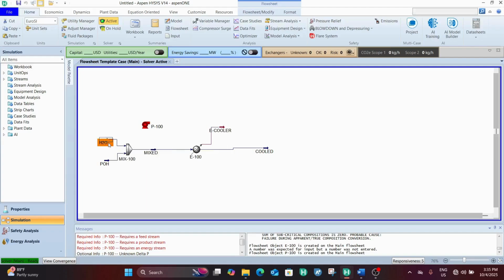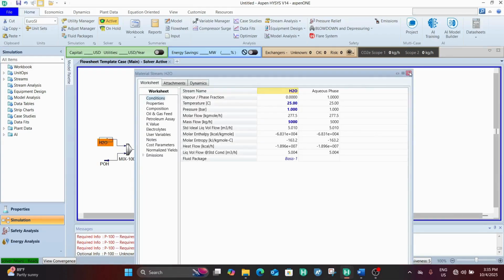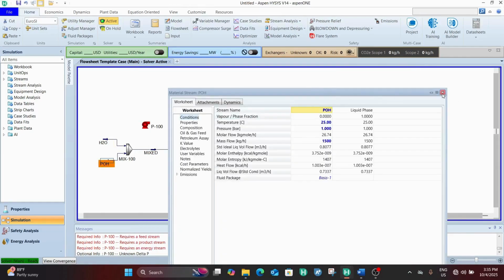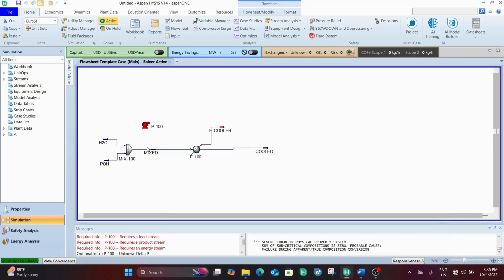Let's see, liquid. I think a good action would be to pump them to the mixer. And that would be better. In Aspen HYSYS it doesn't really matter, but just to make things look cool.